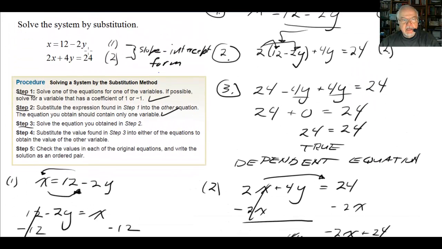We can say, in a sense, that the way we got equation number 2 is by multiplying equation number 1 times 2. So we can say that equation number 2 is dependent on equation number 1.